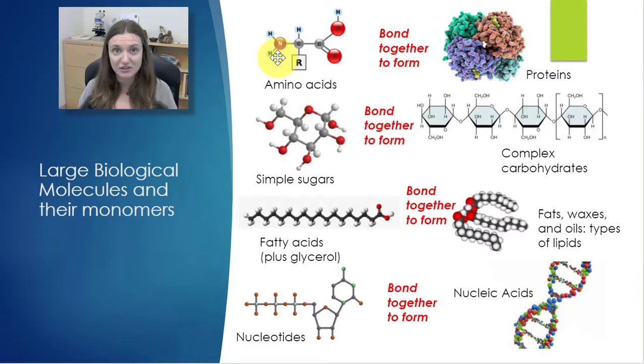We have 26 letters in our alphabet that we can combine in different combinations to make words, and different words together to make sentences. There are 21 different amino acids that we can connect together to make proteins. And sometimes we can take those proteins and connect them together, right? There are many different types of simple sugars that we can connect together to make complex carbohydrates. So there are multiple monomers, which gives us a wide variety of the types of macromolecules that we can build.